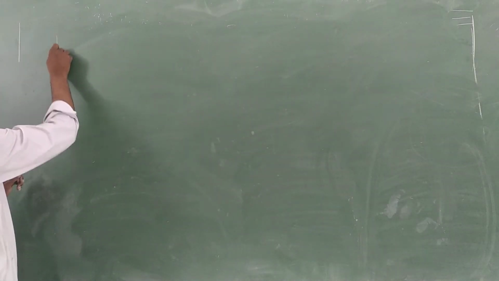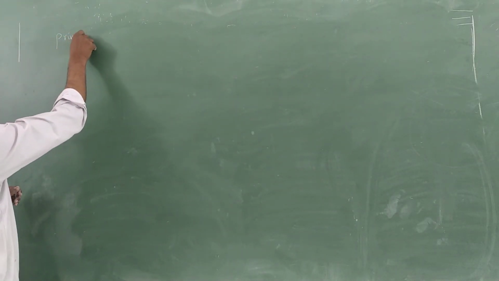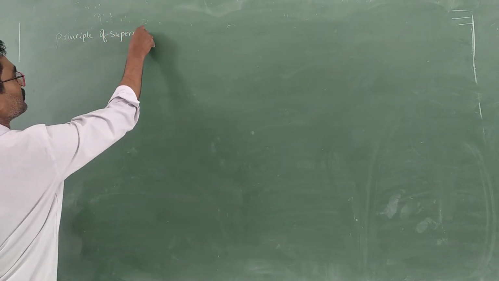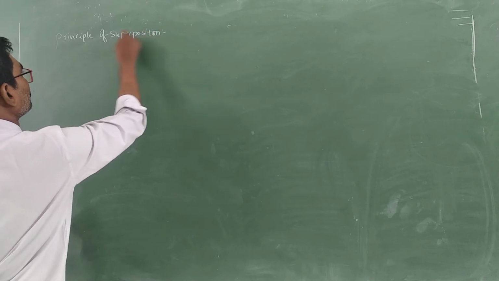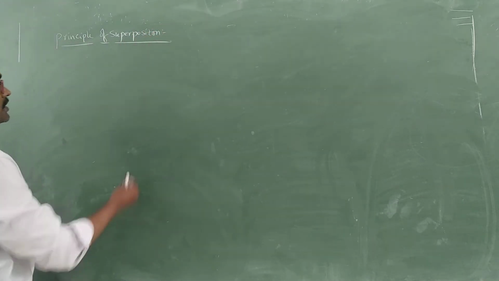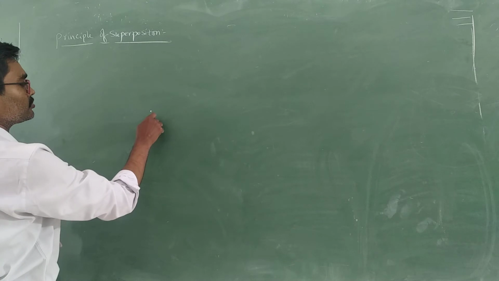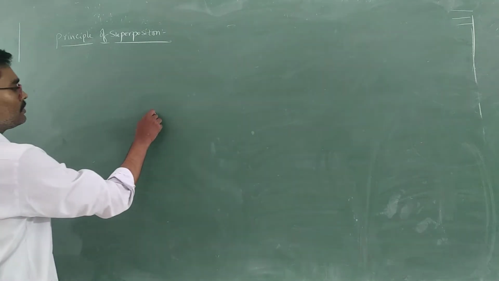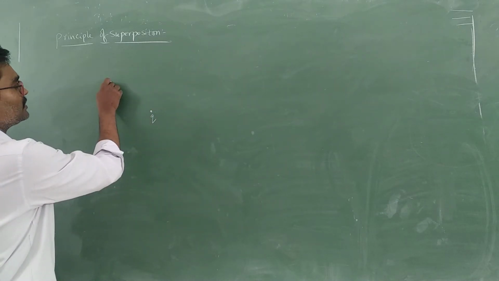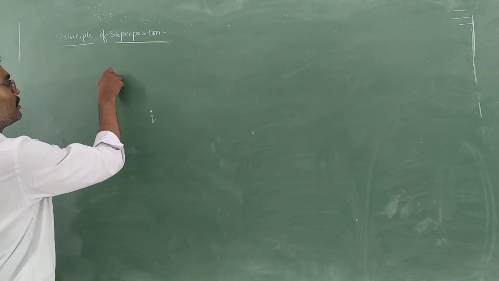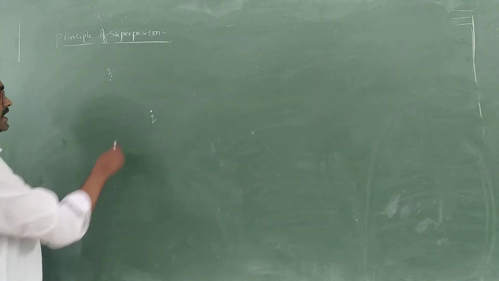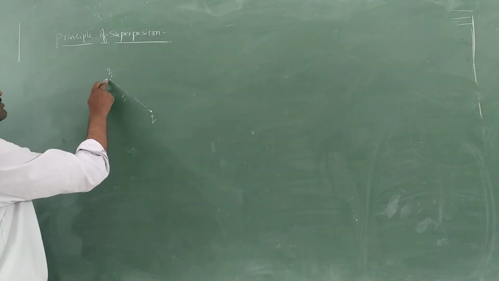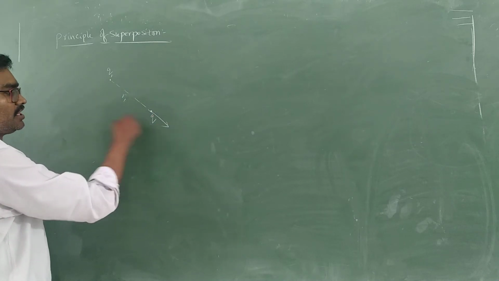Yes. Next one, the principle of superposition. See here, if you take a charge Q placed in air or vacuum, and surrounding this charge, one more charge Q1 is placed at a separation of r1, then this charge will exert some force on the other.